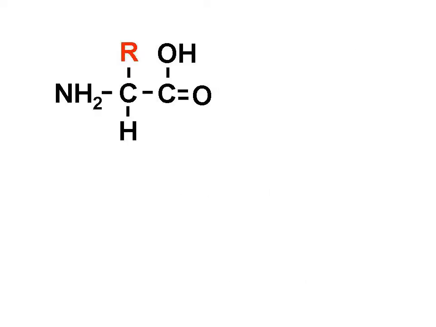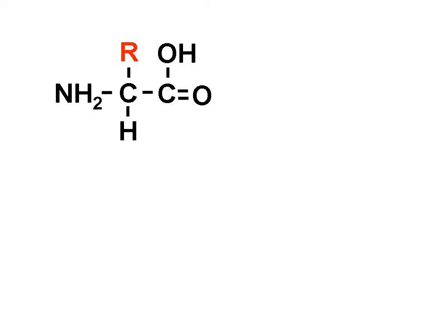Another group of macromolecules is the proteins. The proteins are polymers of amino acids. Here you see the basic structure of an amino acid. Amino acids are formed by a central carbon atom, which is called the alpha carbon.